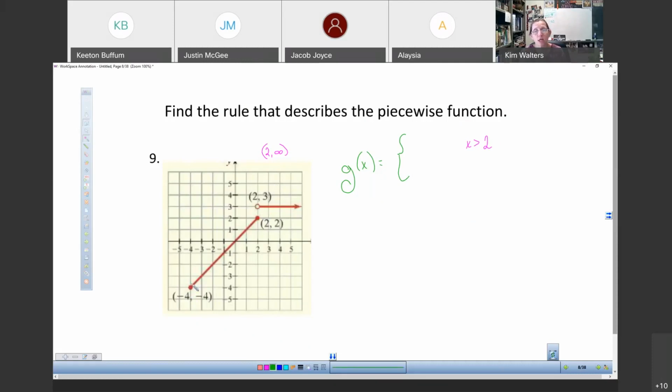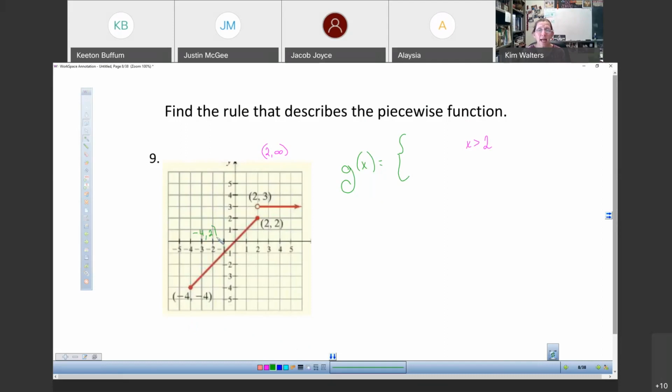Now the second part is a little bit different, okay? So what is my domain for the other part of my function? -4 to 2. -4 to 2, that's exactly right.